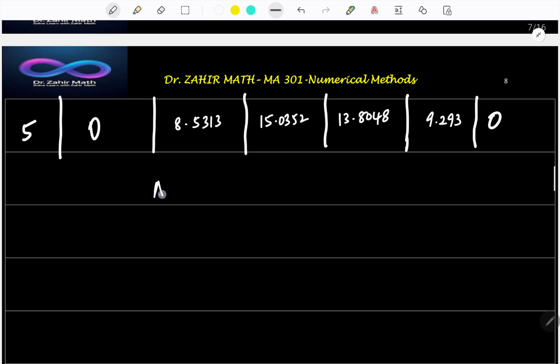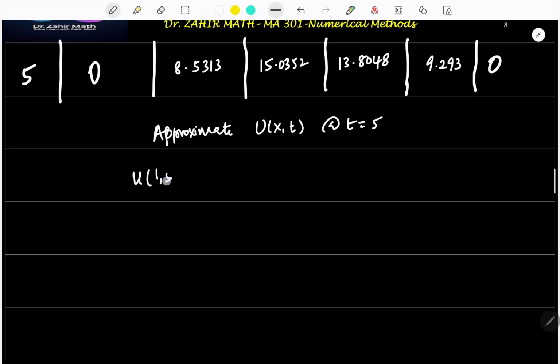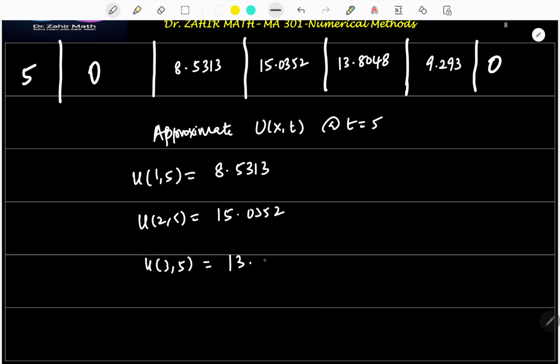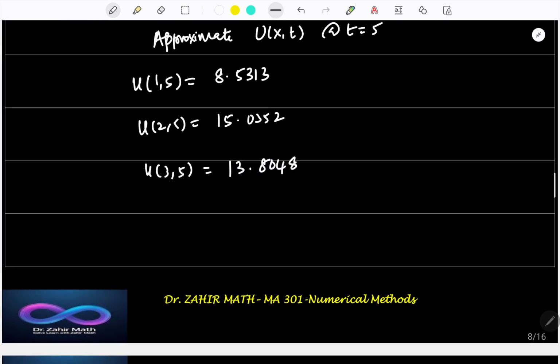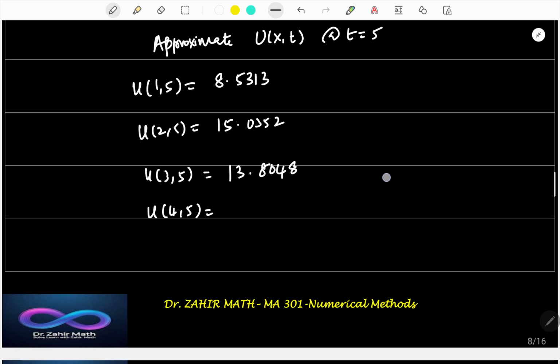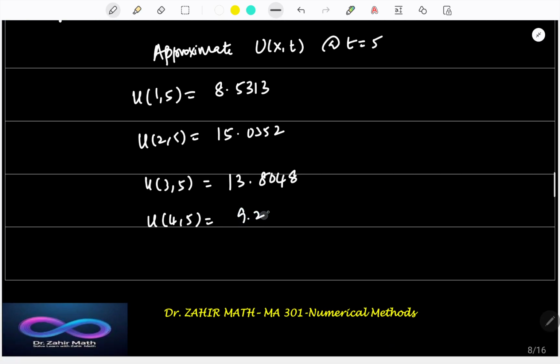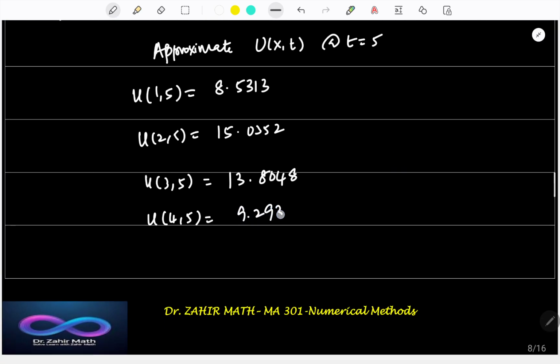So what is the approximate solution? The approximate u of x comma t, the solution at t equal to 5, is calculated as what? u of 1 comma 5 is 8.5313, u of 2 comma 5 is 15.0352, u of 3 comma 5 is 13.8048, and u of 4 comma 5 is 9.293.